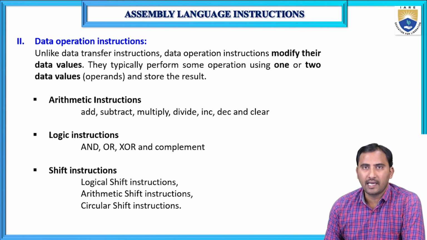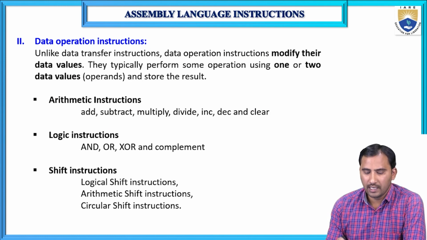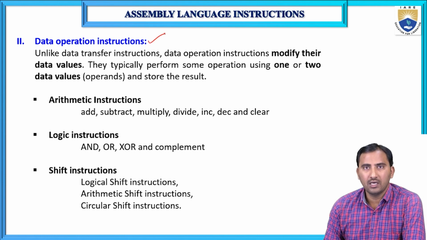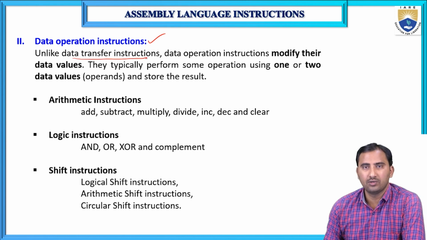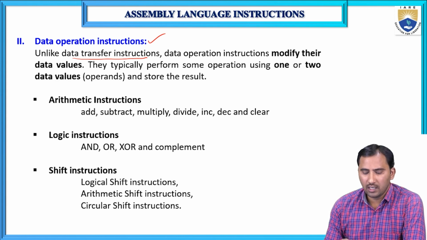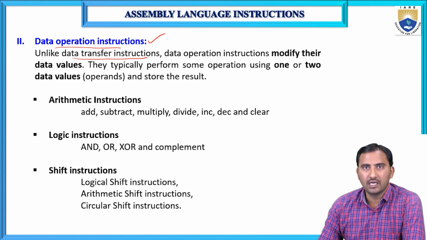Coming to the second type of classification, that is data operation instructions. Unlike the data transfer instructions, which we use only to copy data from one location to another place, the data operation instructions modify the data present in the register.